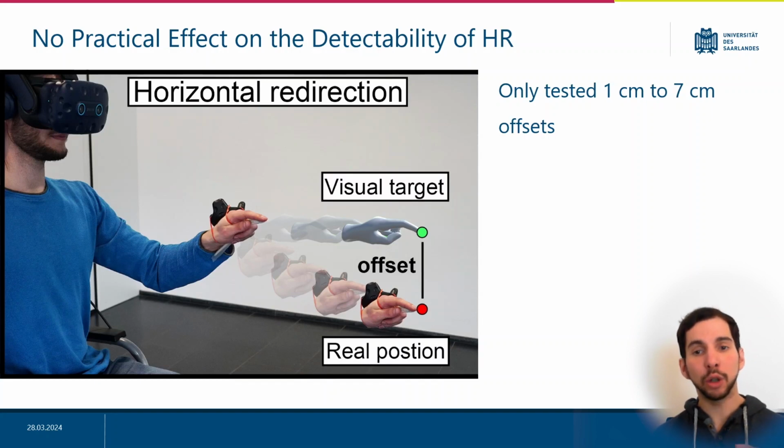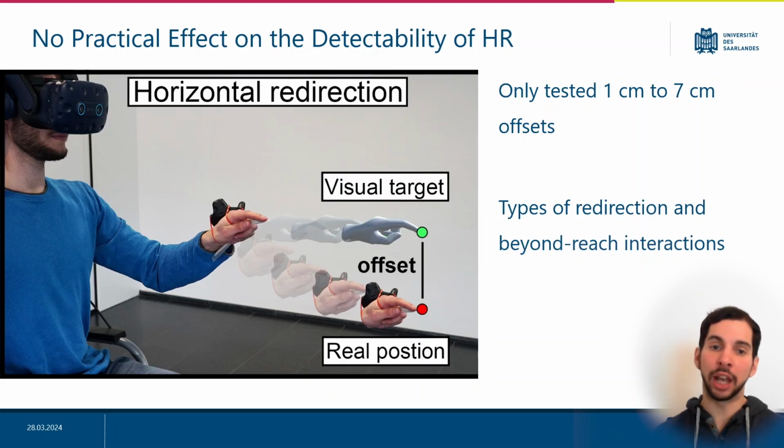However, it could be that there are much smaller effects, but these would merely be of theoretical nature. We also only tested horizontal redirection to the right for a participant's reachable area. So whether our results generalize to other types of redirection or beyond-reach interactions is unclear at this point.